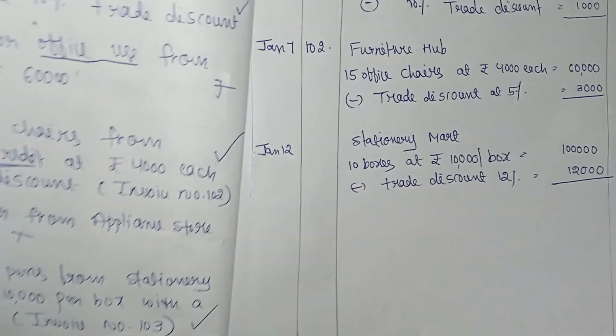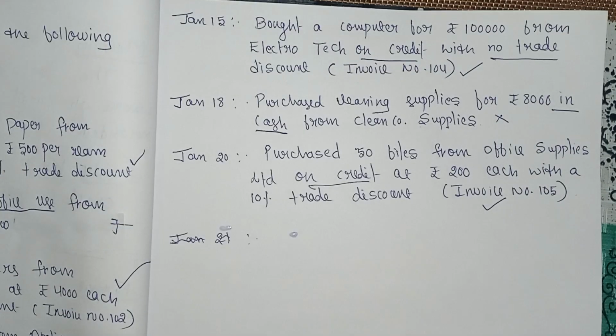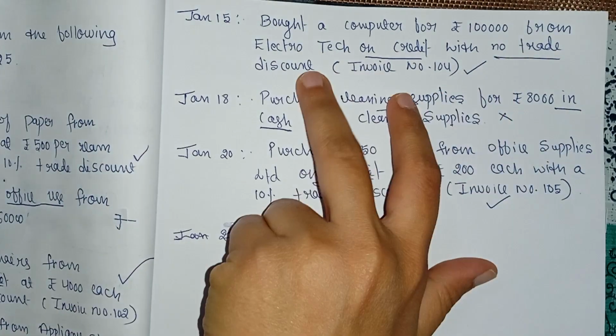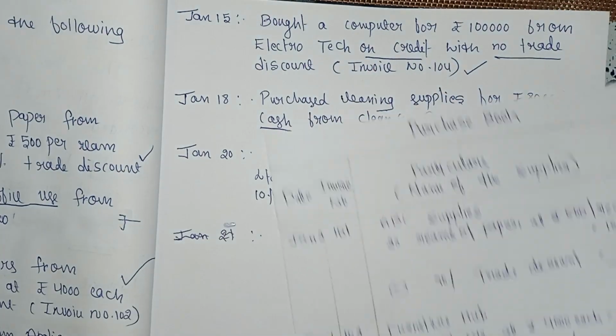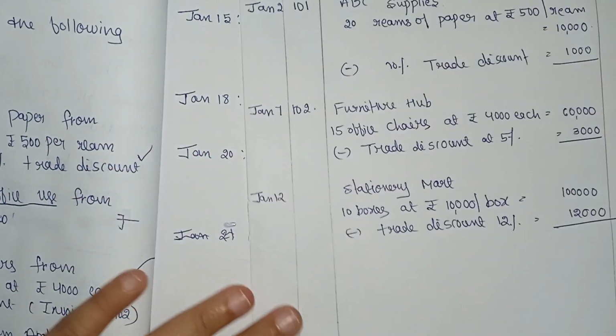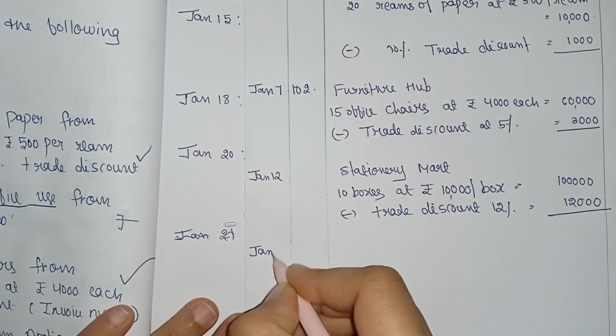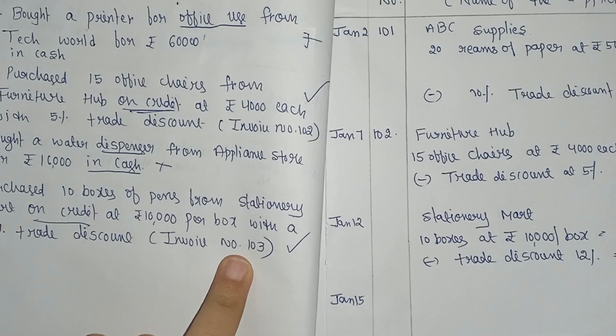See, Jan 15, bought a computer for rupees 1 lakh from Electrotech on credit with no trade discount. Here there is no trade discount, means bought a computer for rupees 1 lakh from Electrotech. Write down January 15. Sorry, here we forgot to write the invoice number.